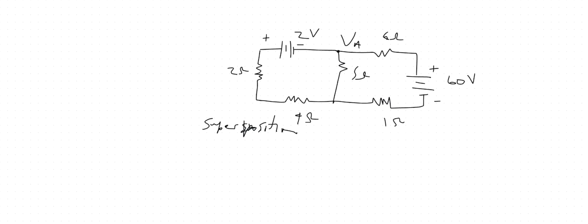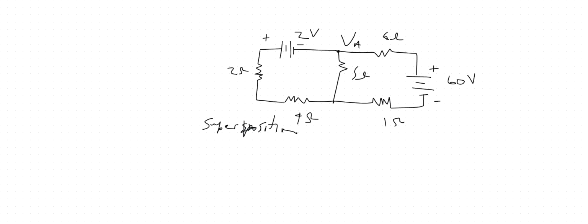And then you short circuit this voltage source and work the circuit again and find out what VA is. Then when you get both VAs, you add them up, and that should give you the voltage at VA. You understand?